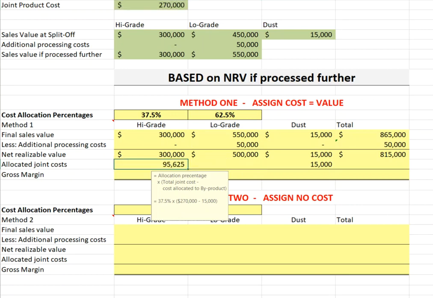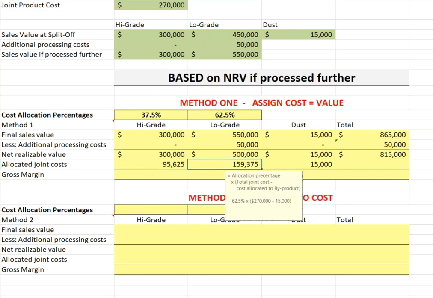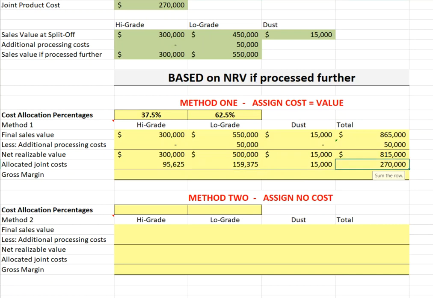So the high grade coal gets allocated 37.5% of that $255,000, or $95,625. The low grade coal will get allocated the other 62.5%, and our total allocated cost is $270,000.